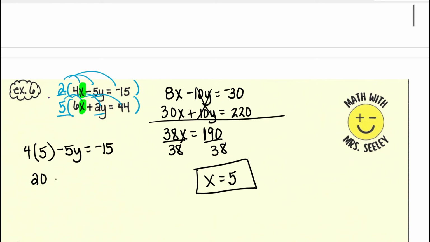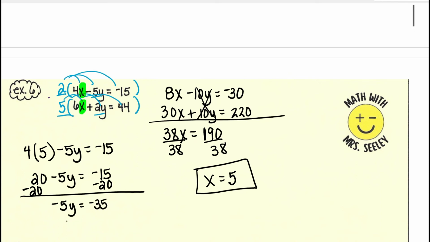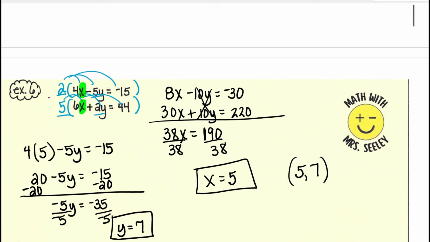That'll be 20 minus 5y equals negative 15. Subtract that 20. So negative 5y is equal to negative 35. Divide by negative. And so y is positive 7. Writing that as an ordered pair should you choose to do it that way.